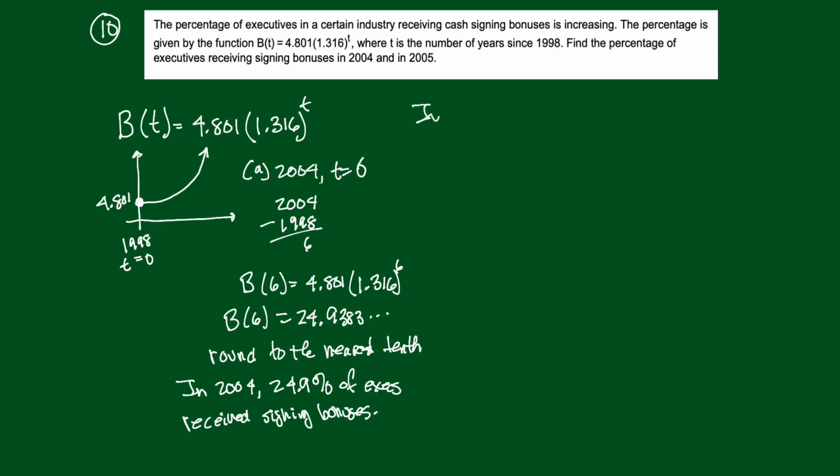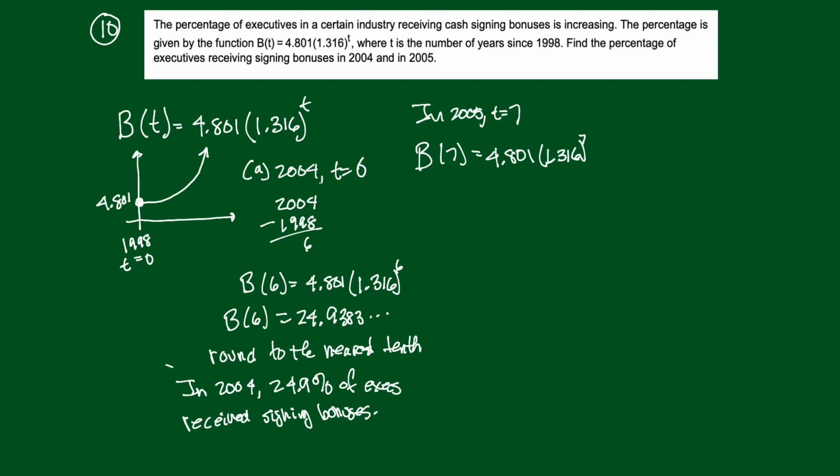Now, in 2005, t is equal to 7. So let's compute b of 7. I'll put 7 into this function right here. So we will get 4.801 times 1.316 to the 7th.